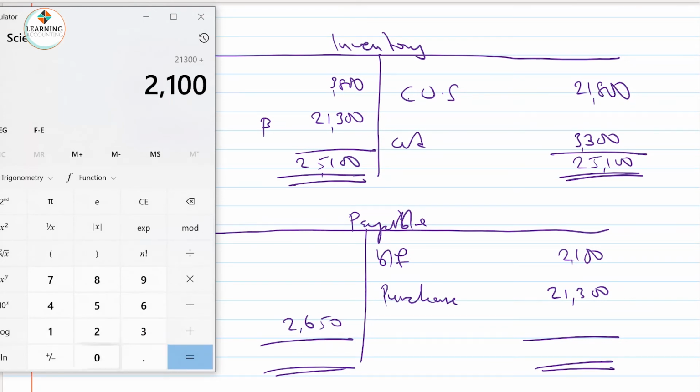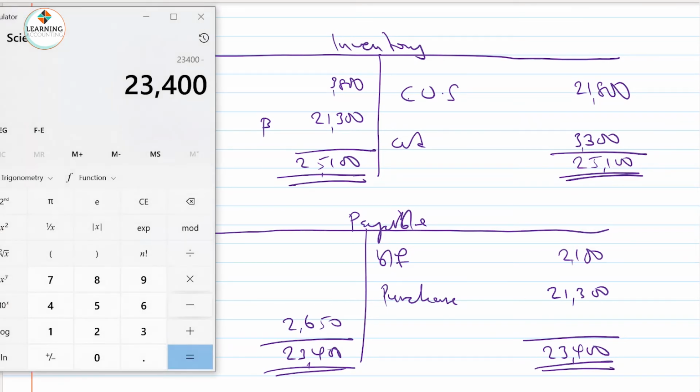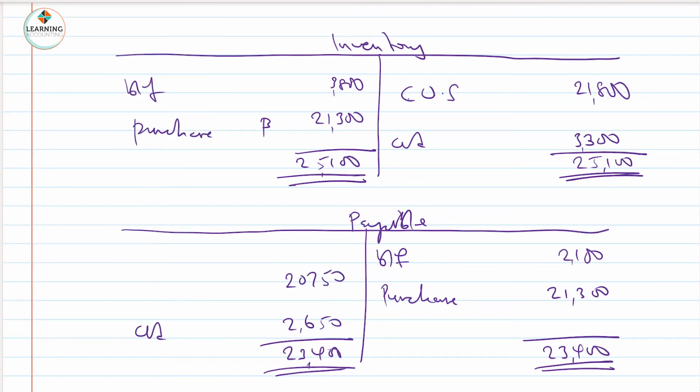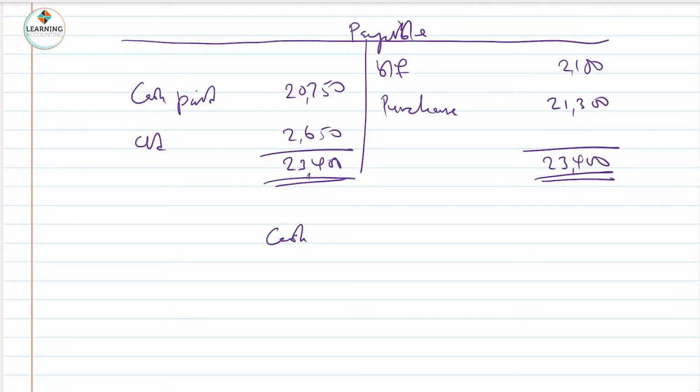Plus 2,100, 23,400, minus 2,650, 2,750, and this is cash paid to suppliers. So the summary of cash paid, we have payables, and payables we have it to be 2,750.